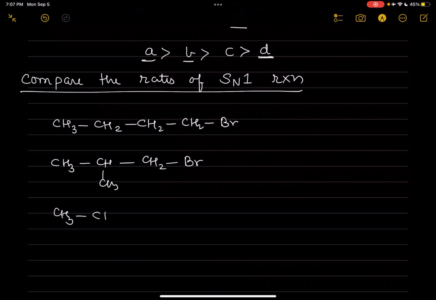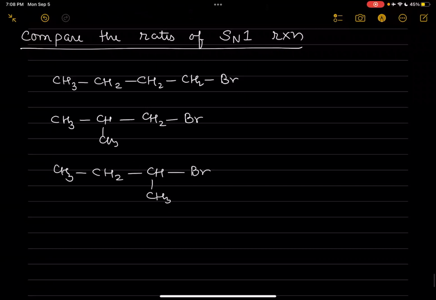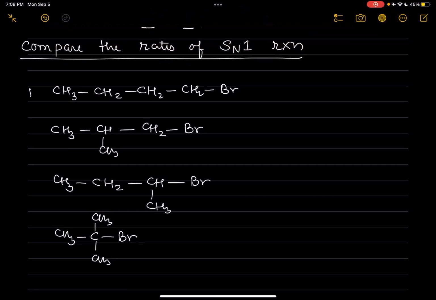So how can we compare the rates of SN1? Rayan, how can we compare the rates of SN1 reaction?